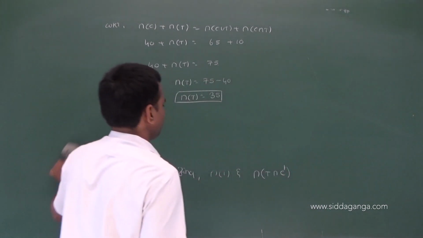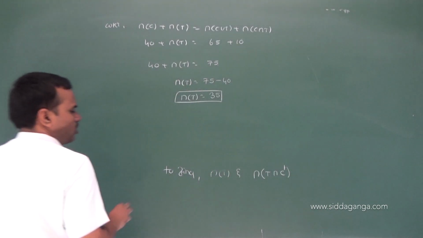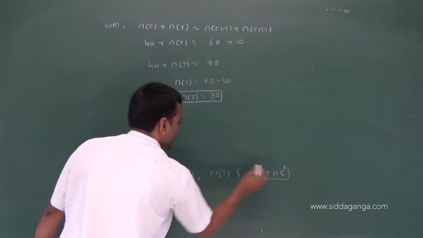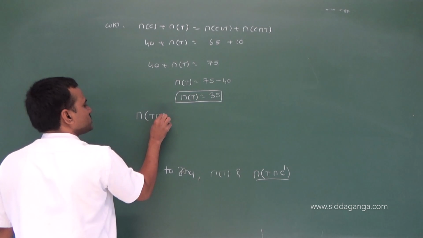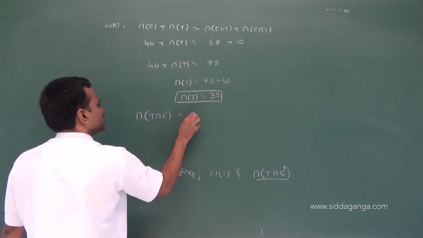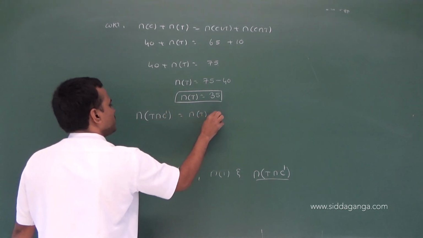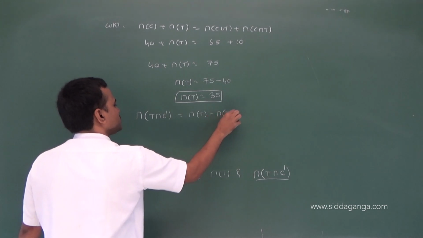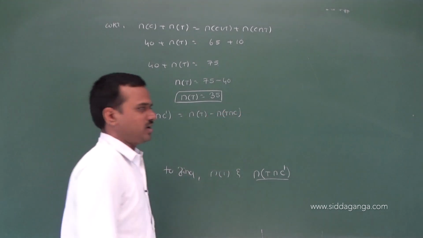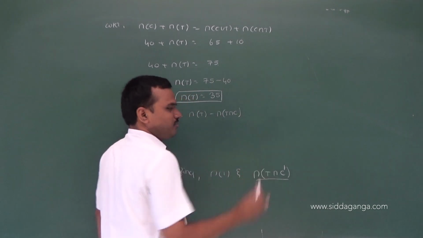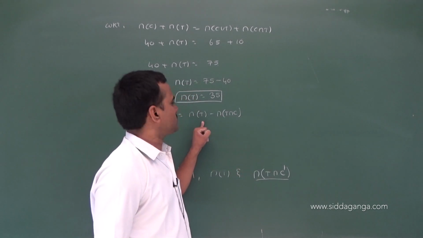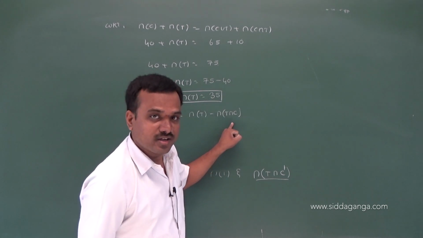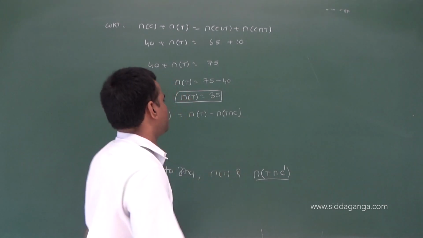Then the second one. The set of people who like tennis only, not cricket, n of T intersection C dash. That means n of T minus n of T intersection C. So we remove from tennis those who like both cricket and tennis.